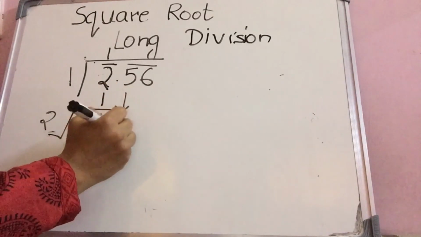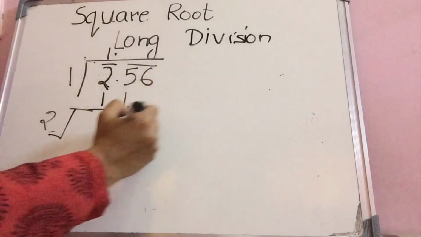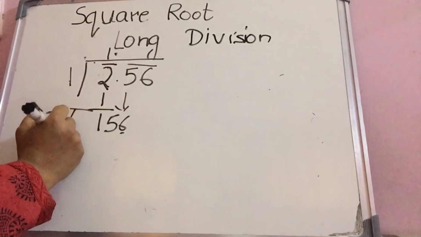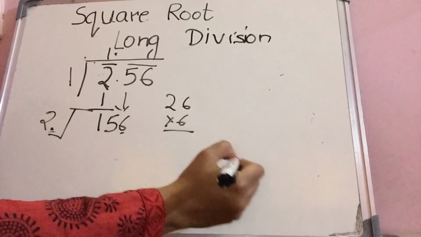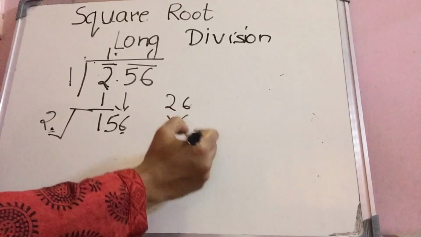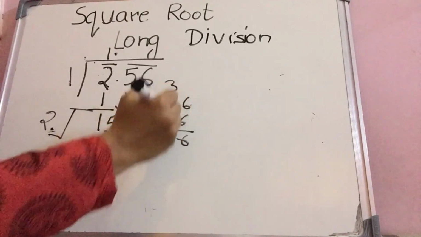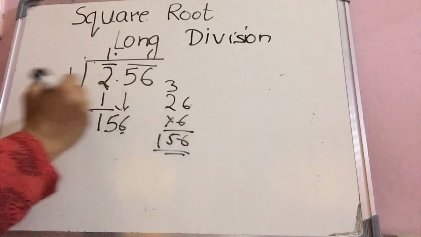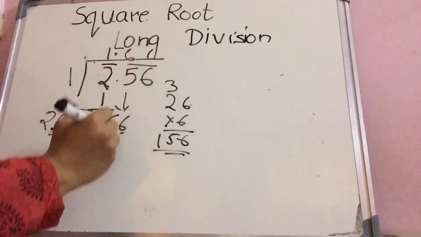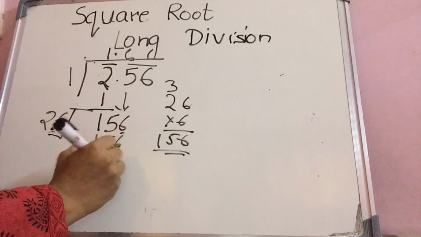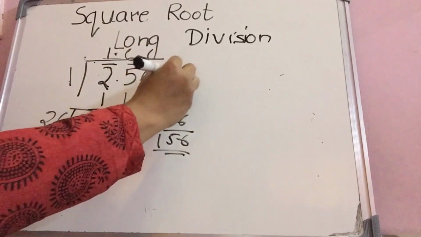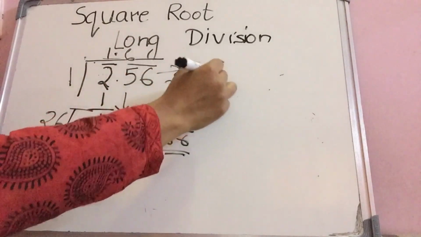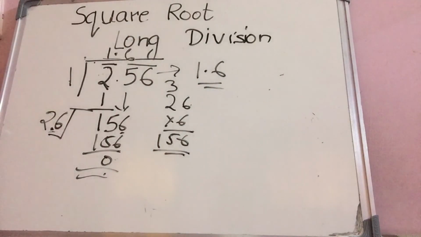Get down 56. We'll put the point here. Here we have 6. We can take 6 here. 26 into 6. Because we know 6 times 6 is 36. 6 is 36. 3, 15. Yes. We have 6 here. 156. That is 0. So we get the answer 1.6. So the square root of this number will be 1.6.